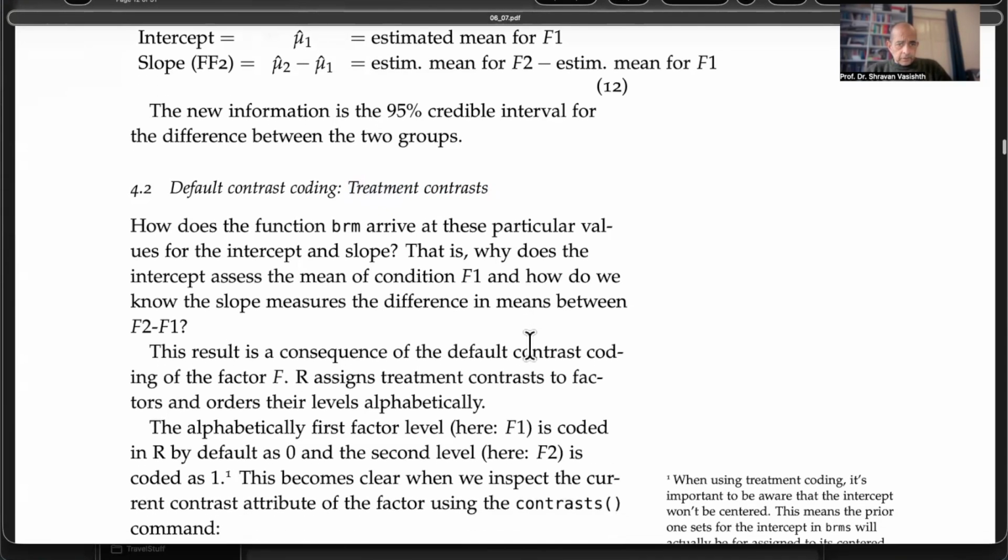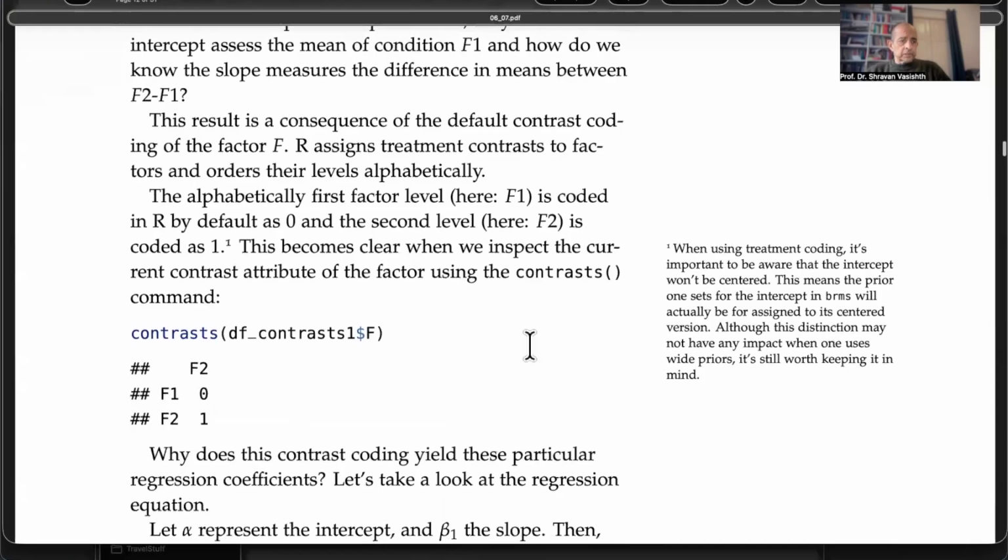It's pretty straightforward to see how the contrasts are set up.